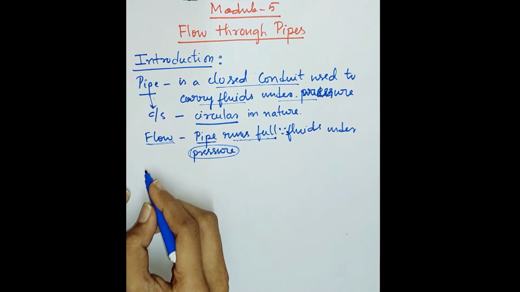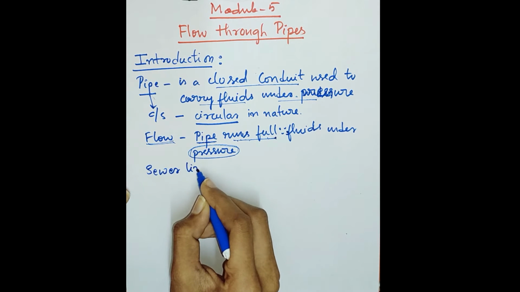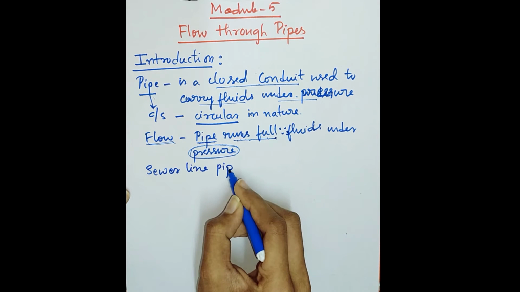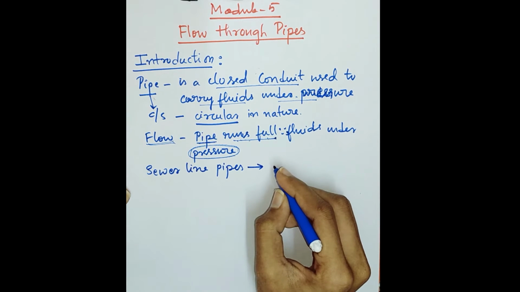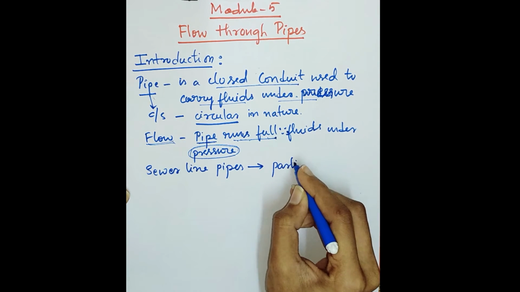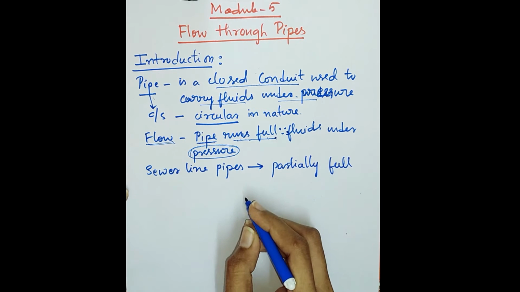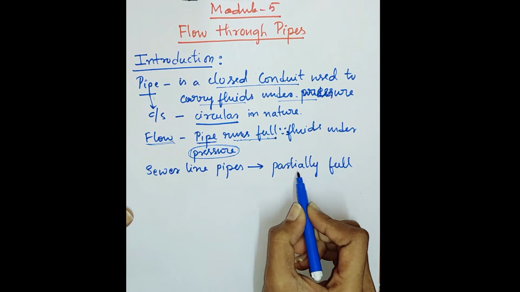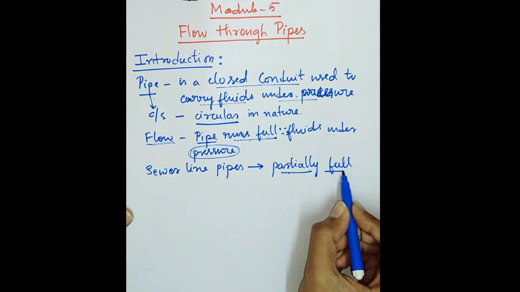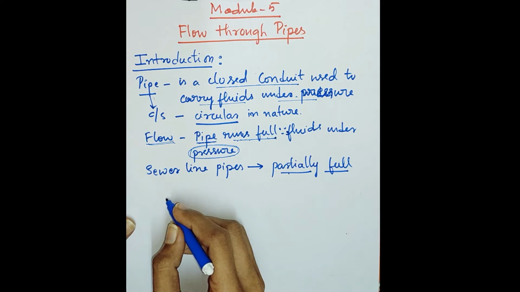So for example, if you consider sewer pipes or sewer line pipes, in case of sewer pipes it will be partially full, so it will be running half. So in case of sewer lines, the flow is half, which is nothing but those pipes will be partially full.